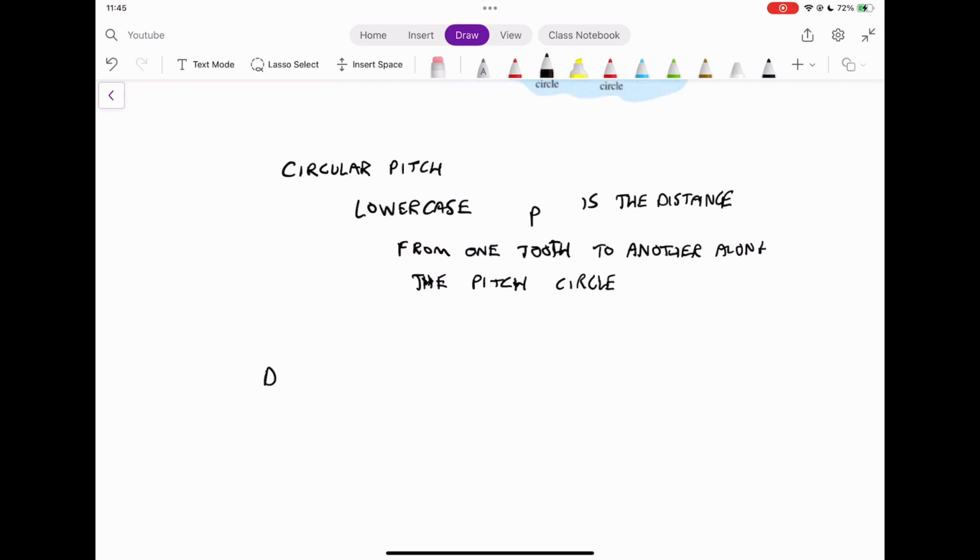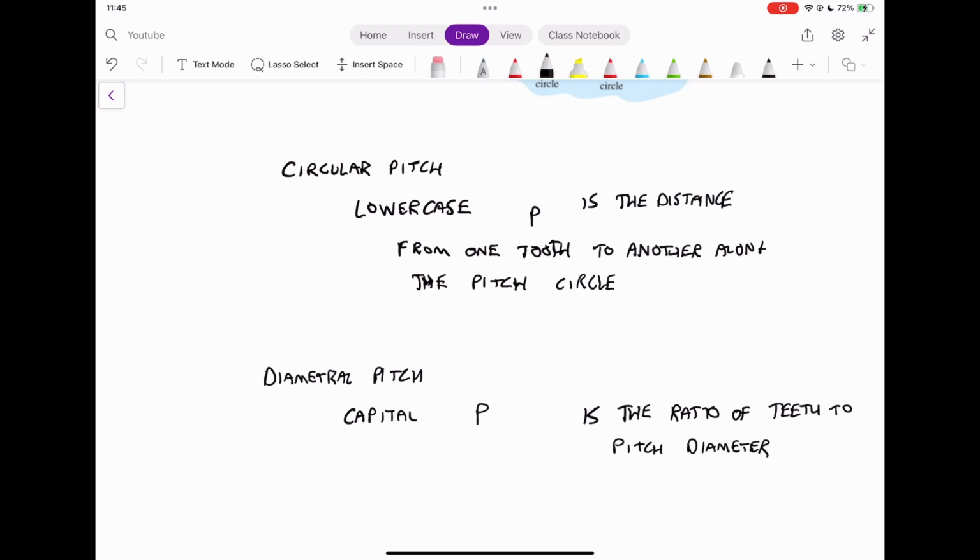The next thing we're going to write out is diametral pitch, which is a capital P. So this is going to be very, very important as well. And try not to confuse the capital P and the lowercase p. I'll provide a formula sheet later on as well, but essentially the capital P is the ratio of teeth to pitch diameter, and pitch diameter being the pitch circle diameter.